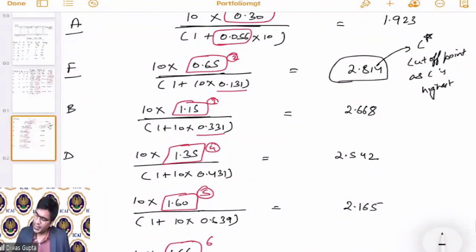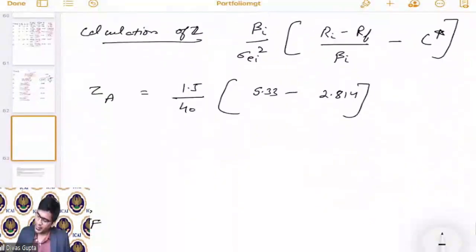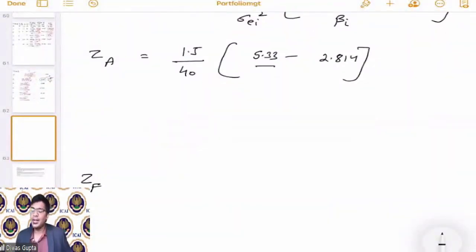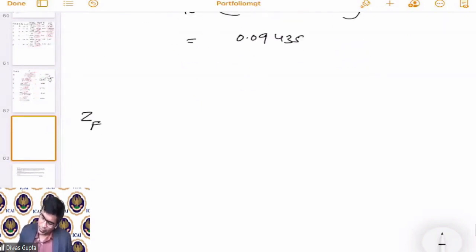So this 2.814 is our C star, correct? 5.33 is the Treynor ratio that we have already calculated, and 1.5 divided by 40 is the beta and the unsystematic risk variance. So if we solve this, ZA comes as 0.09435. This is what ZA is. Now coming to ZF.